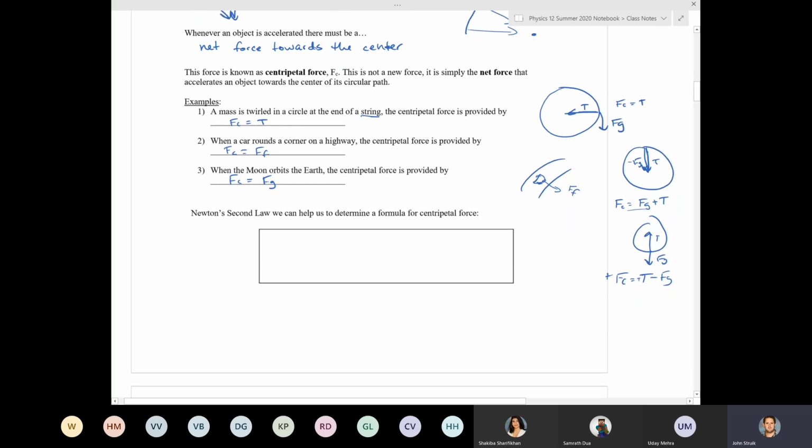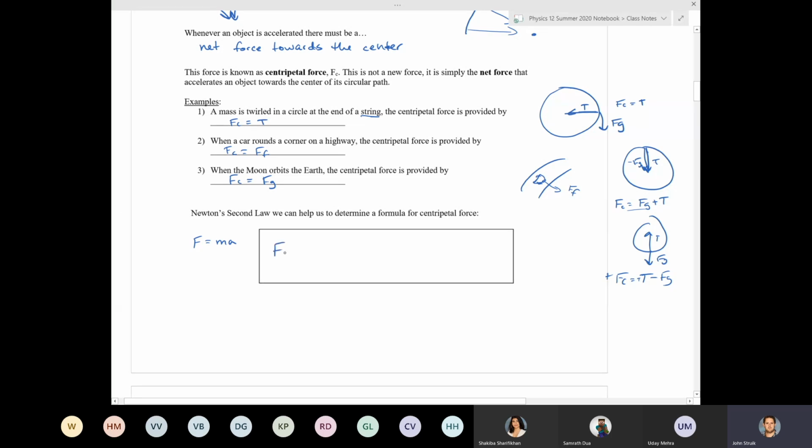In terms of the centripetal force to find the forces, we're just going to apply Newton's second law, which is F equals ma. Okay, so we had two formulas for AC.